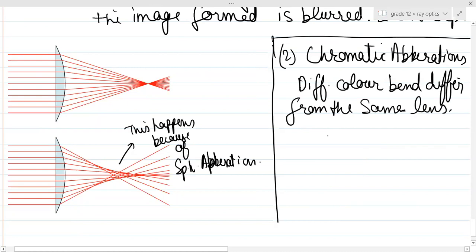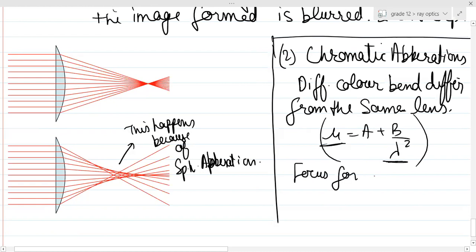I told you Cauchy's equation, if you remember. The refractive index depended upon the wavelength, right? Does anyone remember Cauchy's equation? I had told you. So basically the focus for different colors is different.